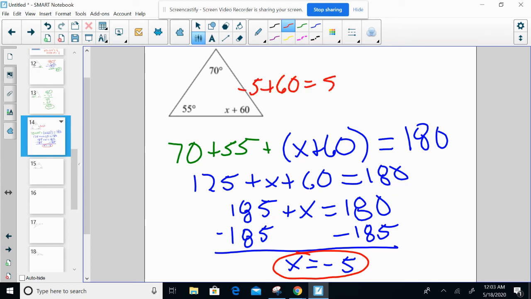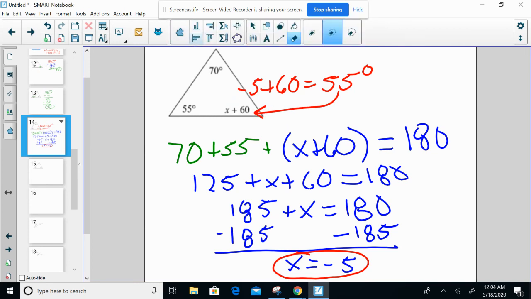That's going to be 55. So this angle is 55 degrees. You've got to take that x and plug it back in. So ultimately, what we did here was we found x by setting up an equation. We know all three angles are going to add to 180. Solve for x and then find the angle, plug it back in.